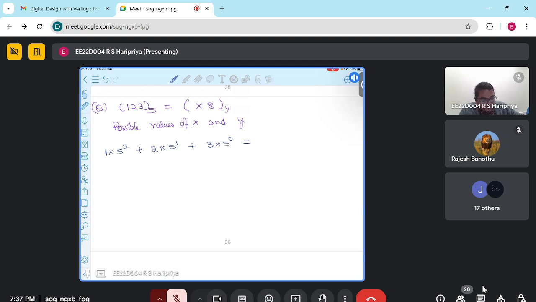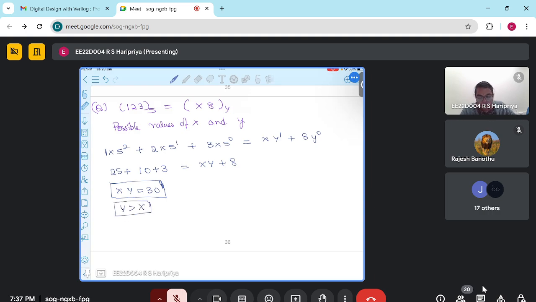Okay, so x times y to the power 1 plus 8 times y to the power 0. So this is like 25 plus 10 plus 3, xy plus 8. So the first equation is xy should be 30. And next, x is the number and y is the base of the system, so y should always be greater than x.